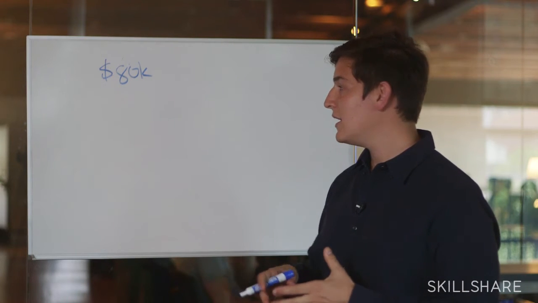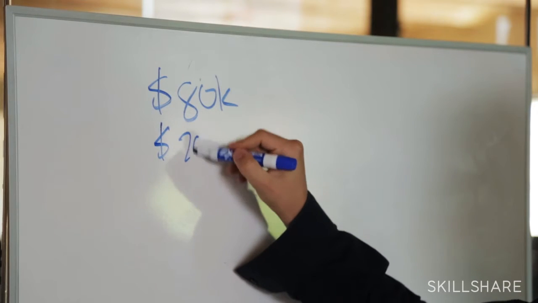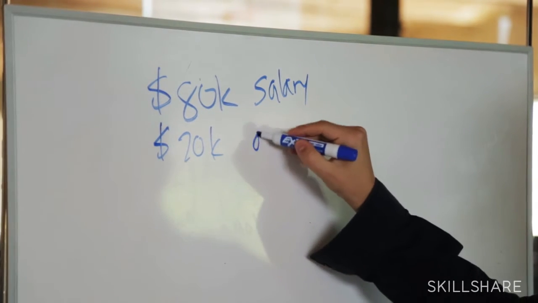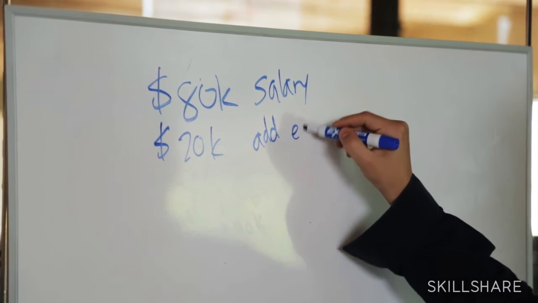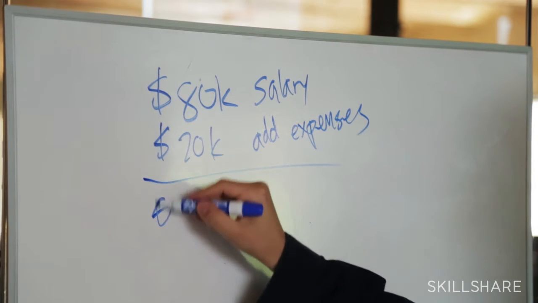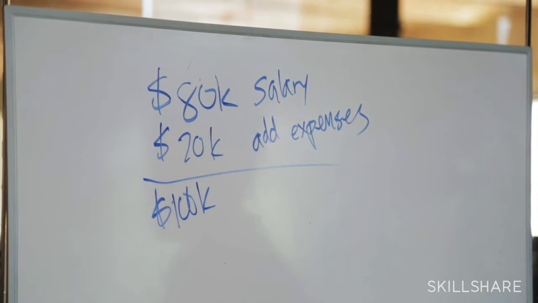So the additional expenses with regards to that new hire are $20,000. So this is salary. This is additional expenses. So the total cost of bringing on that new employee in a given year is going to be $100,000.